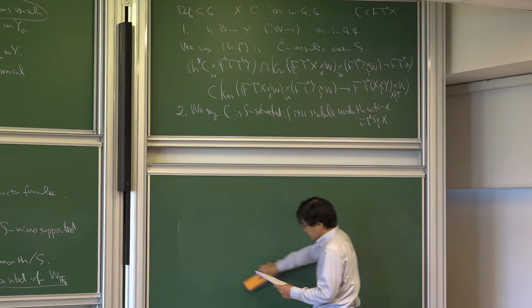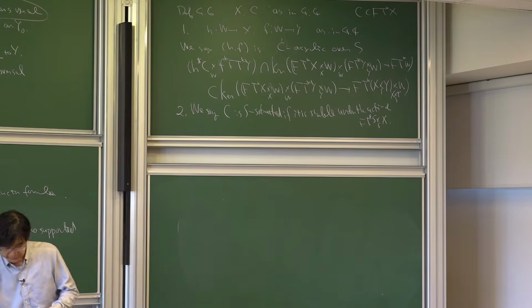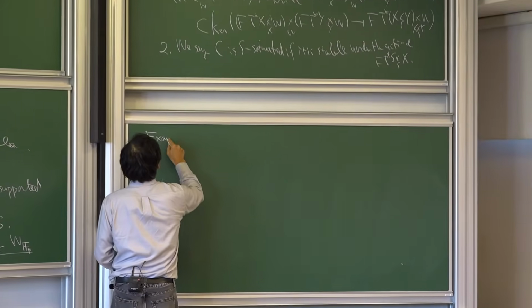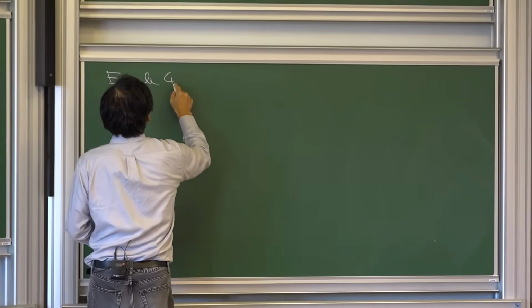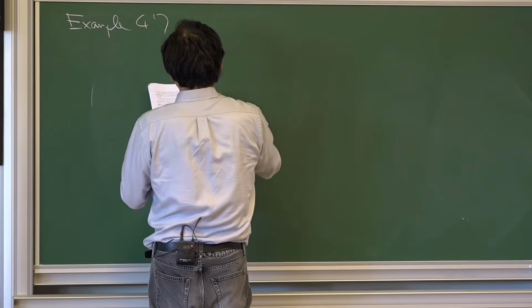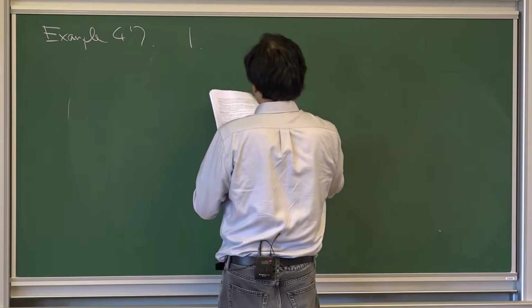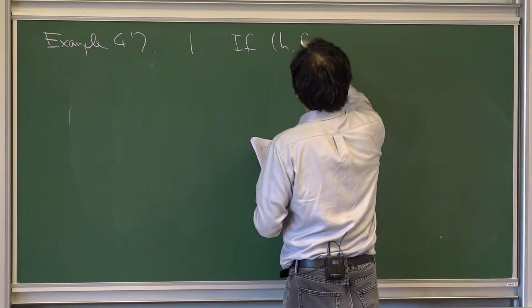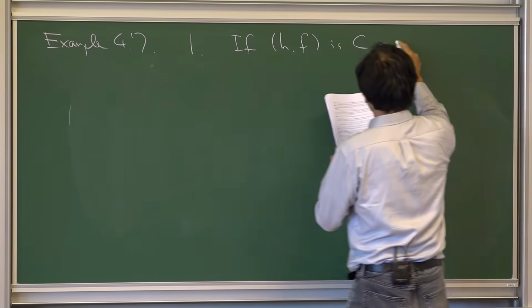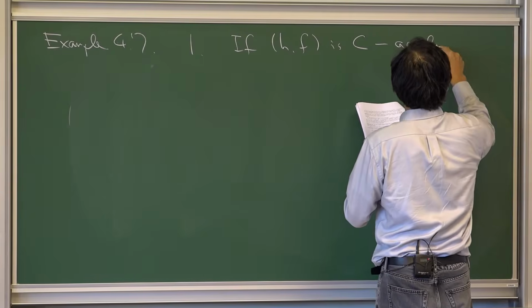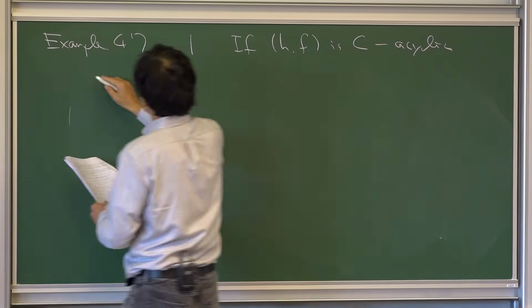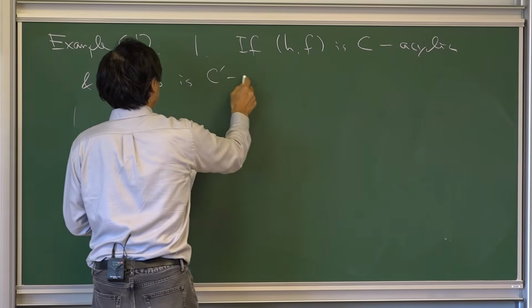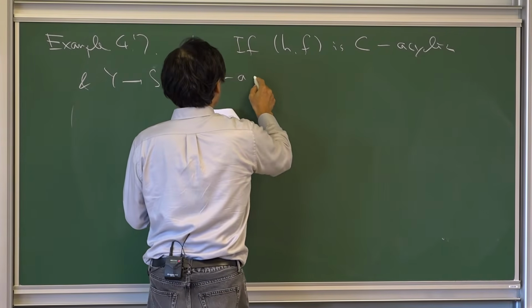So let me tell you two examples. The first is, suppose h, f is C acyclic, and Y to S is C prime acyclic.